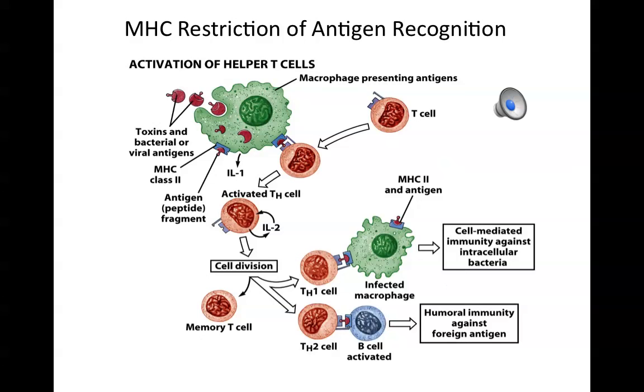In that case, the Th1 cells are responsible for continuing to promote the function of destroying any kind of intracellular pathogen and conferring what's called cell-mediated immunity to intracellular pathogens.